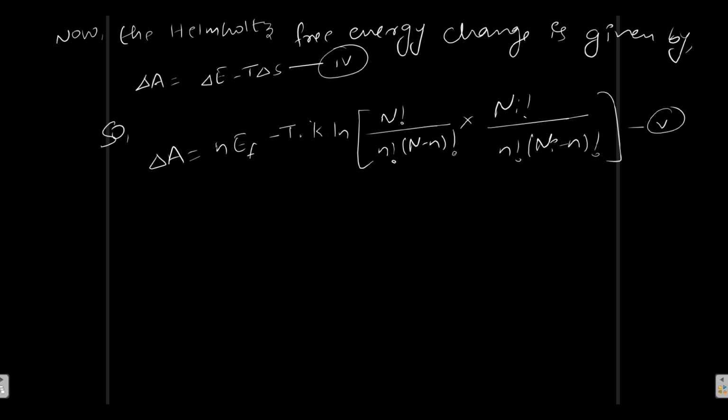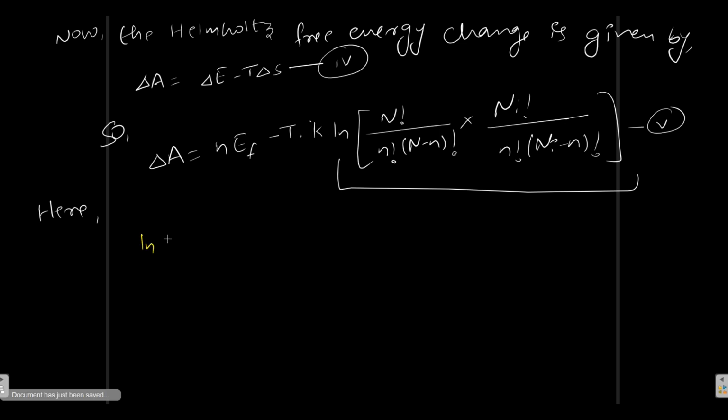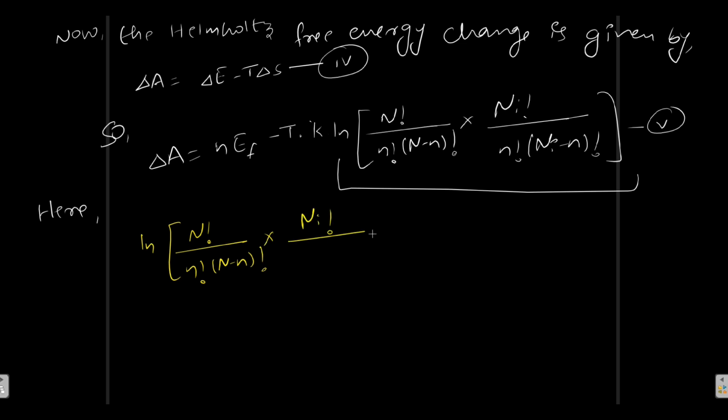Now we need to differentiate this equation with respect to n, right? Or to do it in a simple way, let's try another way. First of all, let's try to find this value over here: ln of N factorial by n factorial into N minus n factorial, into N_i factorial by n factorial into N_i minus n factorial.